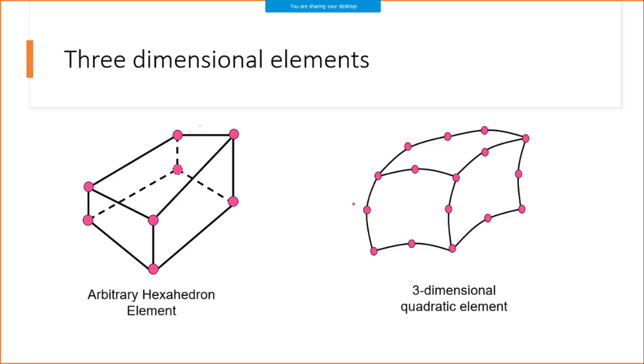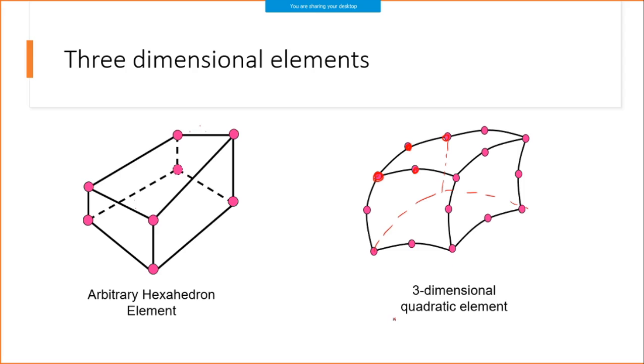If you want to increase the order of the 3D element, that is the three-dimensional element, you can go on increasing the node points between the corners. On one edge, along the entire edge, we are going to put one more node.